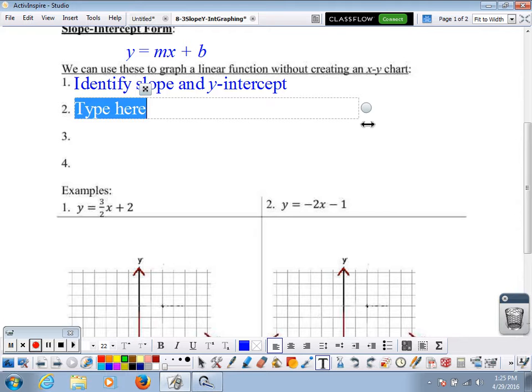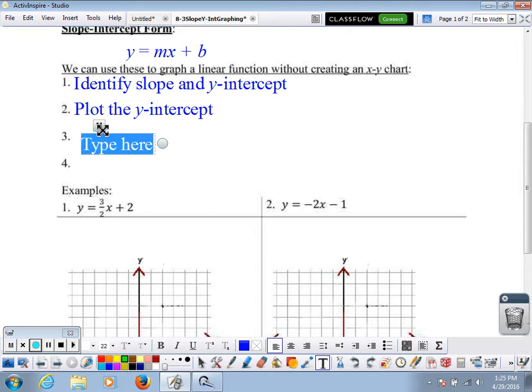Now, once we identify the slope and the y-intercept, we're going to plot the y-intercept, and we're going to put that point right on the graph. Like you said, the x-coordinate is 0. It's the point where the function crosses the y-axis. Then, what was that trick, those three little words about slope?